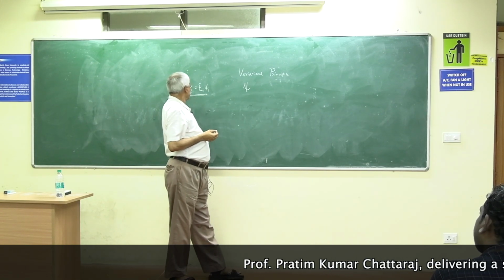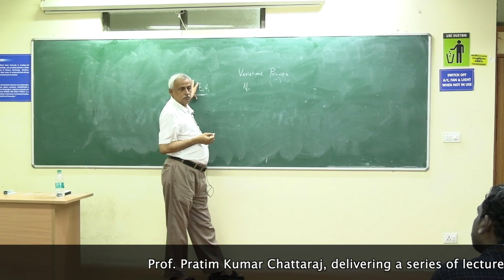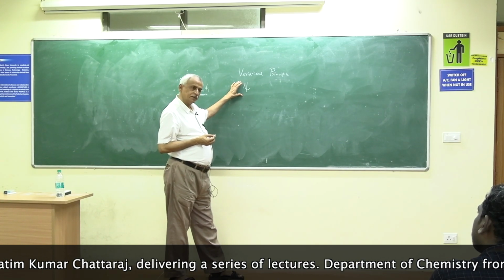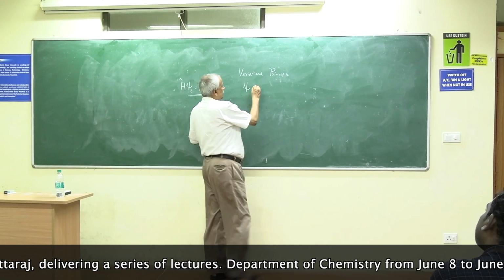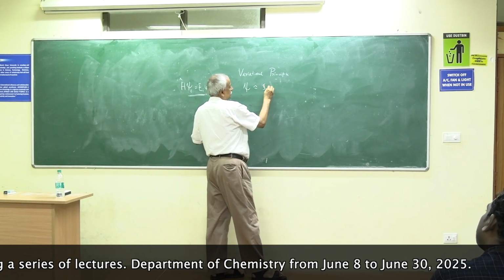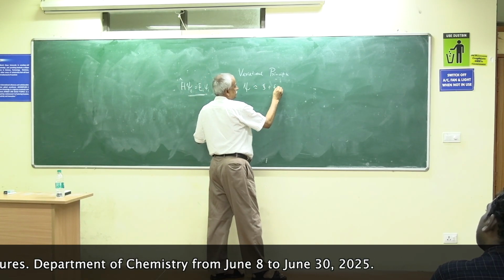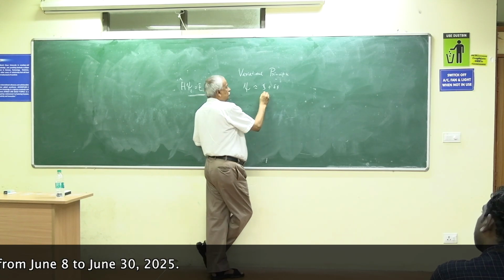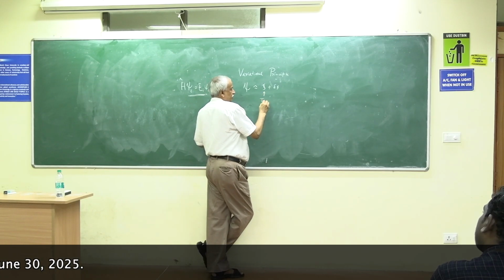But suppose I cannot solve this equation. So I say that I approximate this function as some known function xi plus a linear variation delta xi. Okay, and this one we will call my trial wave function.